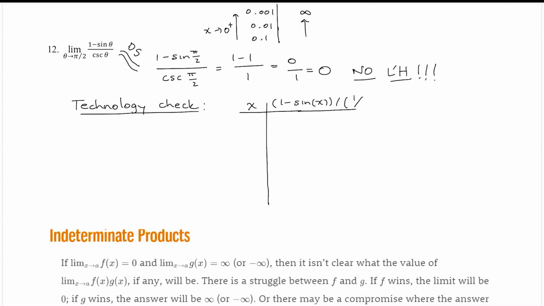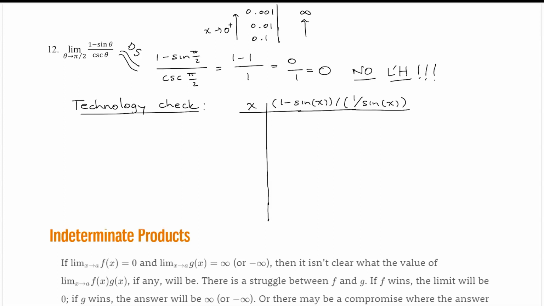Now note to self, the way you have to enter this particular function in your y equals is 1 minus sine x divided by 1 divided by sine x. So remember, there's no cosecant key on your calculator. You just have to do that by knowing that cosecant x is 1 over sine x. Remember that in your calculator, the parentheses for the argument of the sine function are opened automatically, and you have to remember to close them.